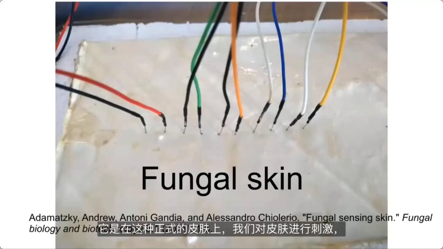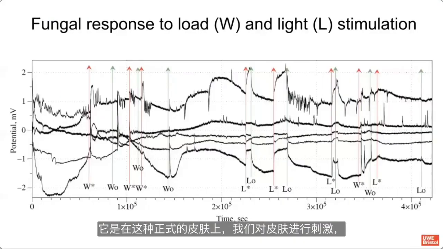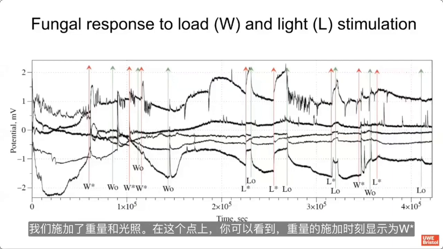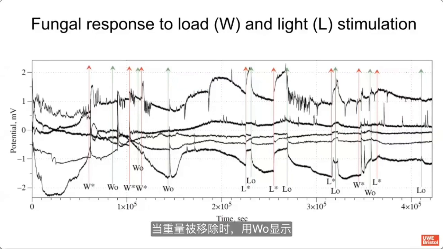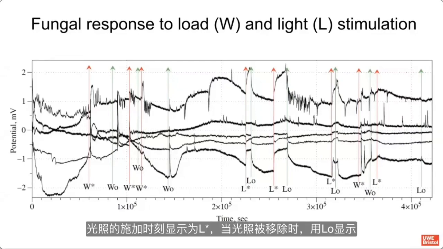So we inserted electrodes in this fungal skin and subjected the skin to stimulation. We applied weight and we applied light. On this plot, you can see the moment when weight was applied as W star and the moment when weight is removed as W O. When light is applied, we have L star, and when light is removed, L O.